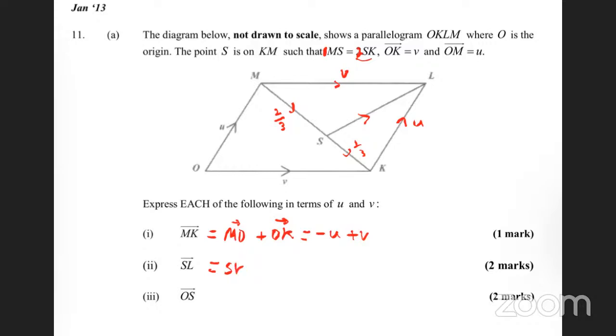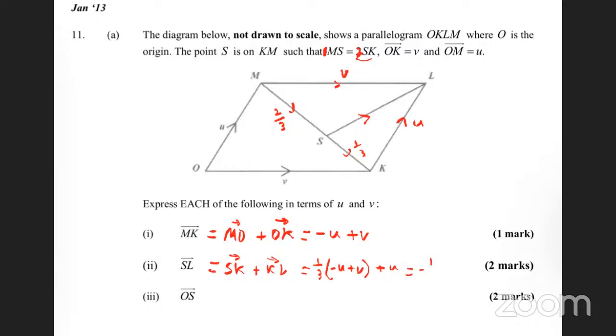Always try to go with the arrows. So S to K plus K to L. S to K is 1/3 of the whole MK, and we found MK on top, so that's minus U plus V. And KL is simply positive U. Right, so we could work that out.